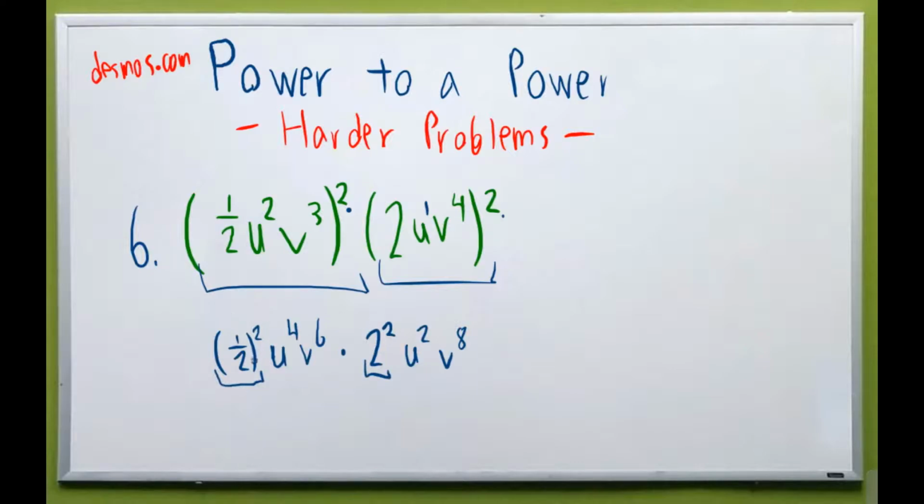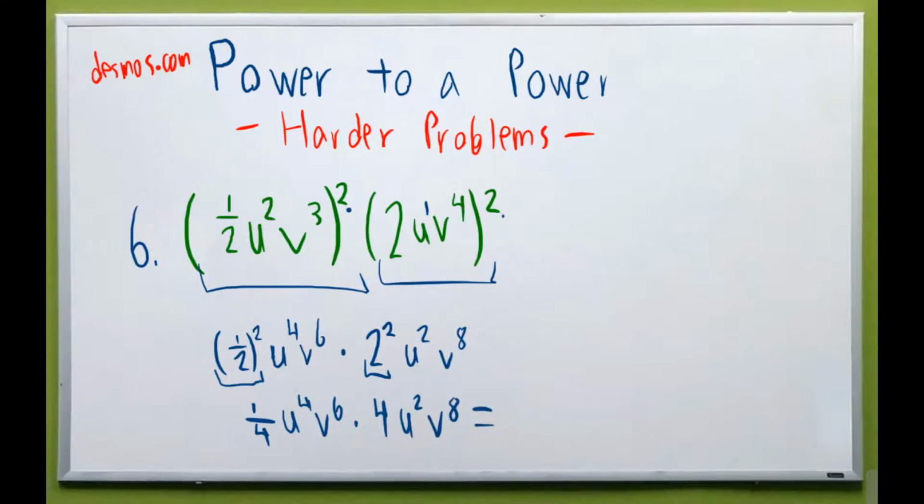So 1 over 2 raised to the 2nd power is 1 over 4. You can use your calculator to find that. So 1 over 4 times u to the 4th times v to the 6th power. And then times 2 squared is 4, u to the 2nd power, v to the 8th power.